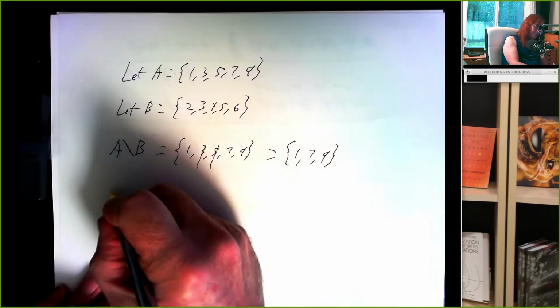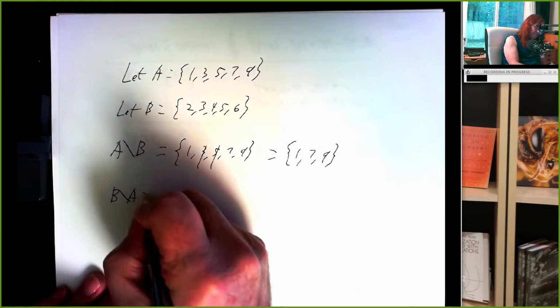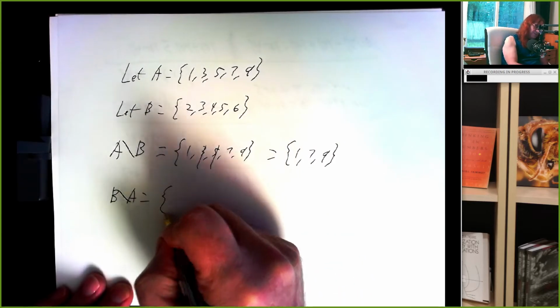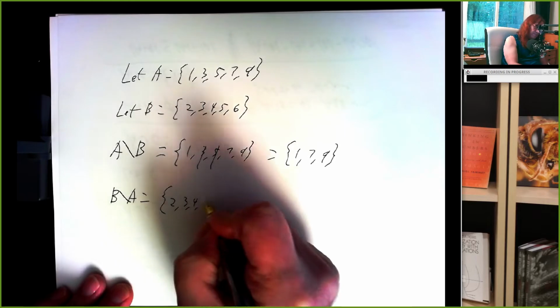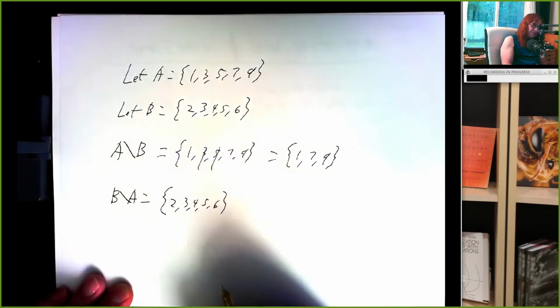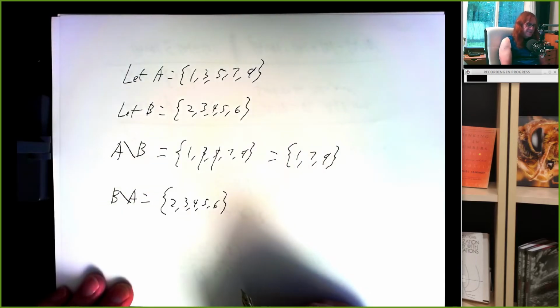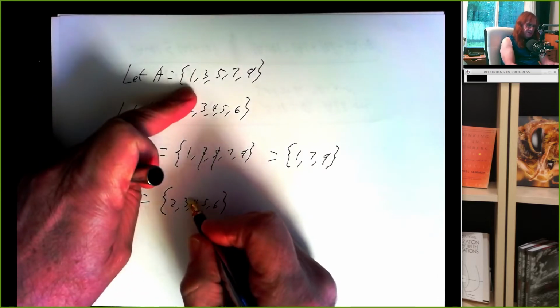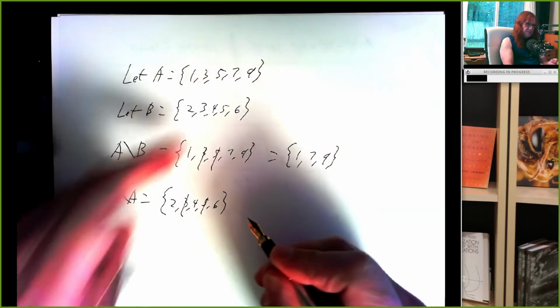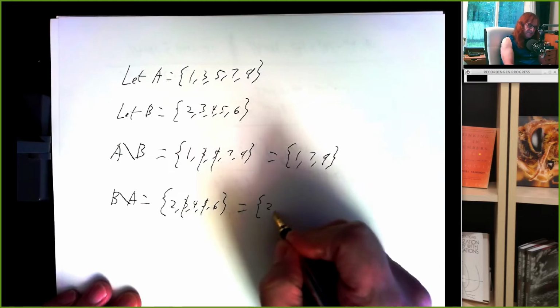On the other hand, B take away A would be start with the set B and throw away anything that you find in A. So for example, the 3 is in A and the 5 is in A. So this is the set 2, 4, 6.